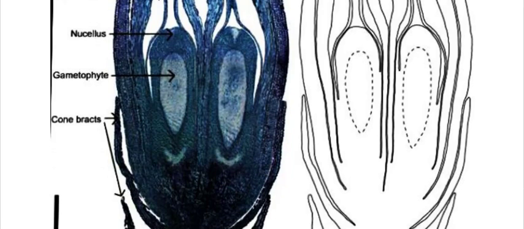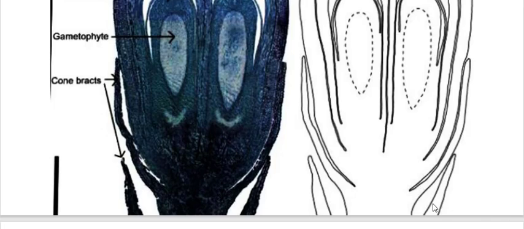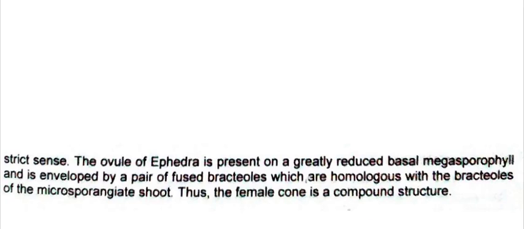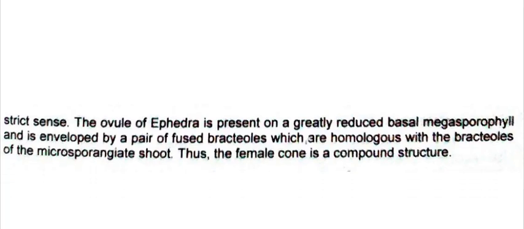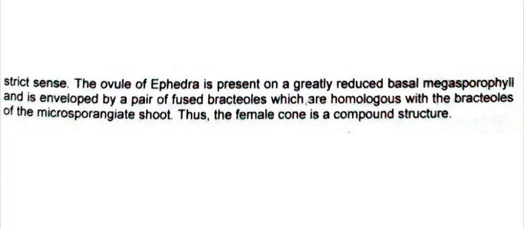Each ovule is produced on a short stalk or reduced basal megasporophyll, and this ovule is enveloped or surrounded by a pair of fused bracteoles, and the structure of these bracteoles is similar, or homologous, to the bracteoles which are present in the microsporangiate shoot in the male cone.